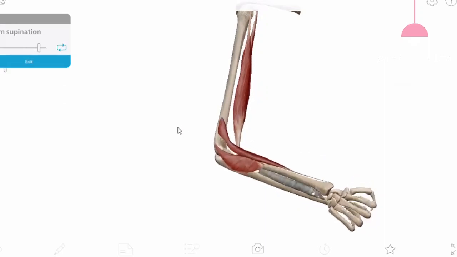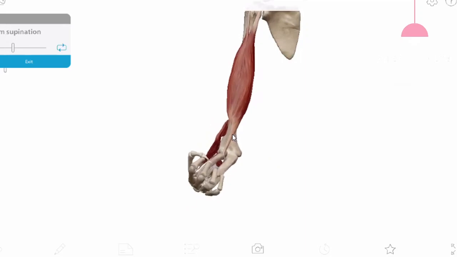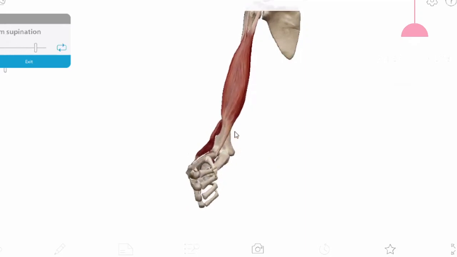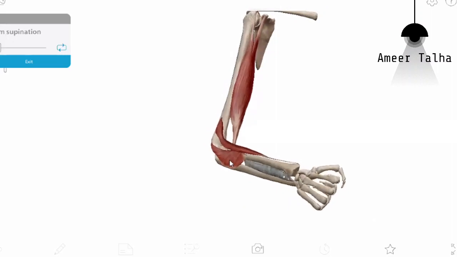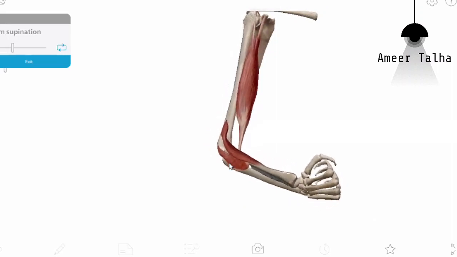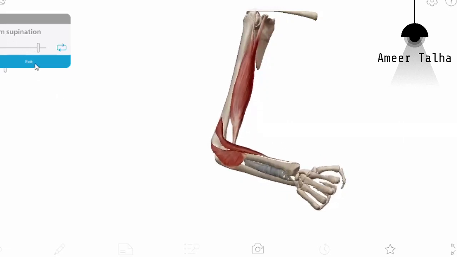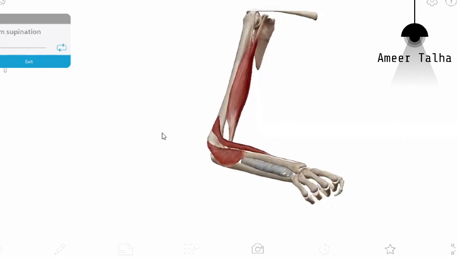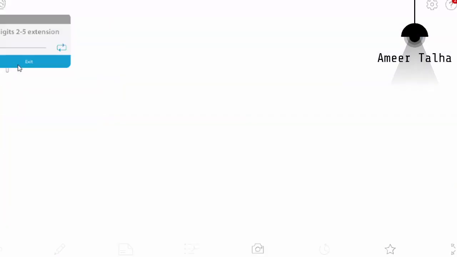If the forearm is in the mid-prone position, then biceps brachii would be the powerful action of supination, and otherwise the supinator muscle, which is in the deep layer of the extensor compartment of the forearm, would be involved. And for pronation, the muscles involved are pronator teres and pronator quadratus.